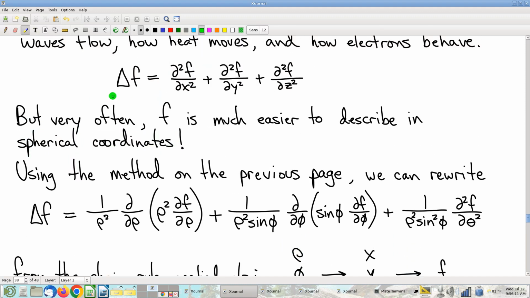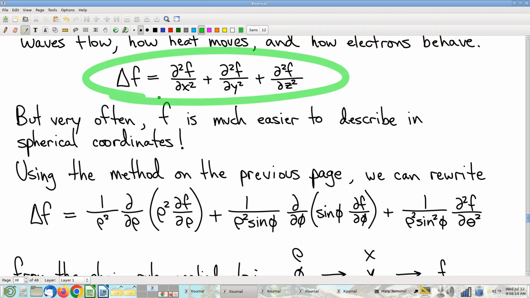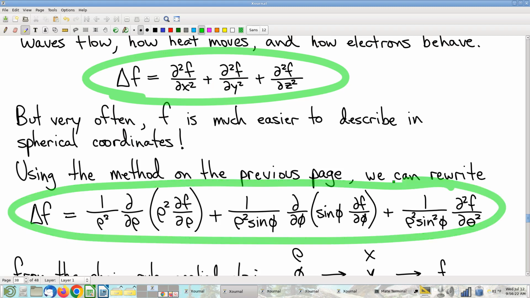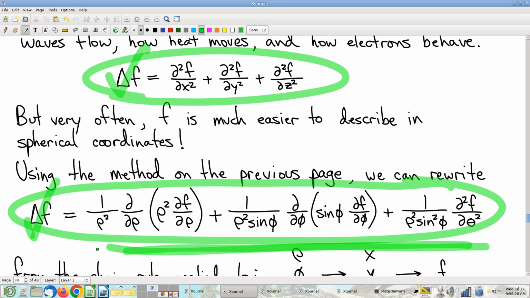So this Laplacian operator, so important in so many different ways, written in rectangular coordinates like this, I claim can be written, now this is the same thing, mind you, this is still the Laplacian, but it can be written in spherical coordinates like this. And how, I pose, could I possibly relate these things to each other?